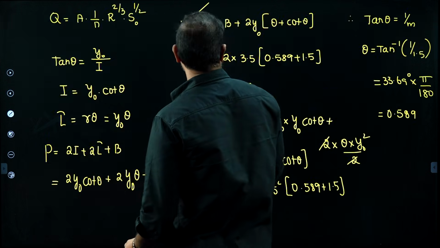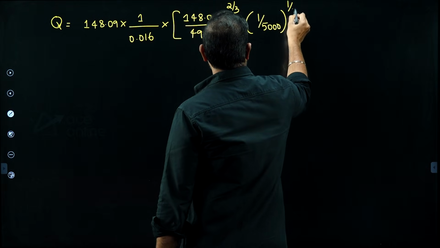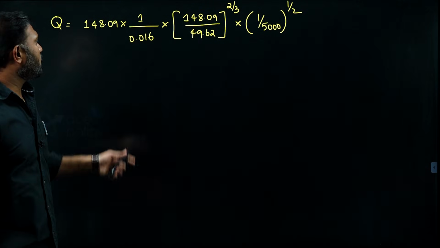What is S naught? 1 in 5000, whole power 1 by 2. 148.09.